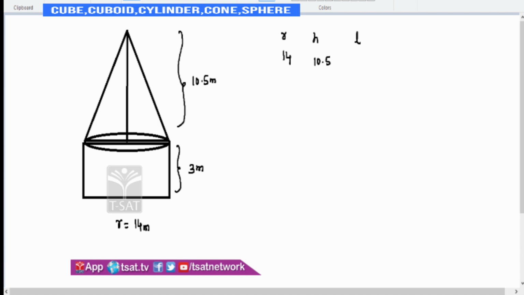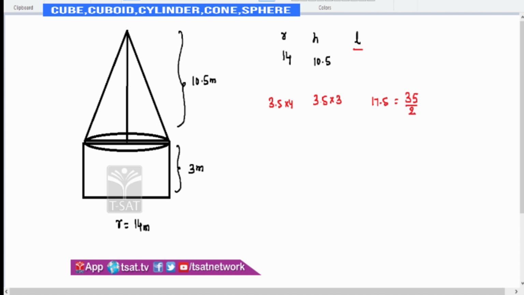Now see what kind of multiple it is. This I can say 3.5 into 3. This I would say 3.5 into 4. Therefore the slant height becomes 3.5 into 5, which means 14 plus 3.5, 17.5, or else you can say 35 by 2 becomes your slant height.